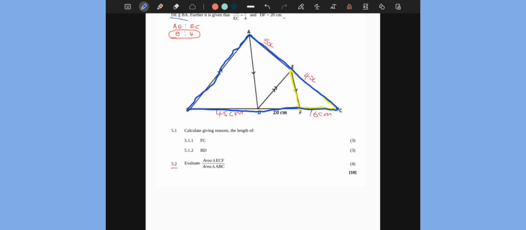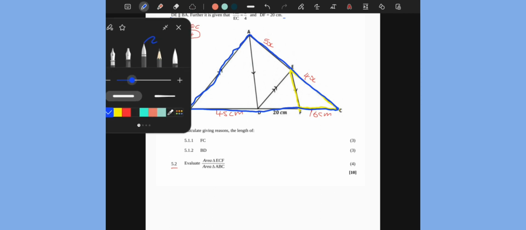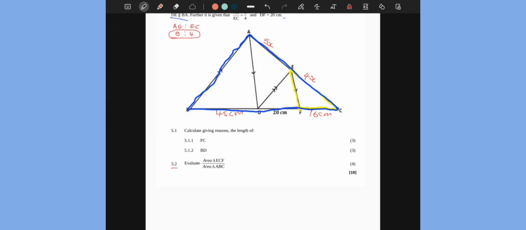Remember that to represent the area of a triangle, we have two area formulas: one for half base multiplied by height, and one for half multiplied by two given sides multiplied by the sine of the given angle. Because here we're not given the perpendicular height, we cannot go with half base times height. So we're going to go with the other formula.